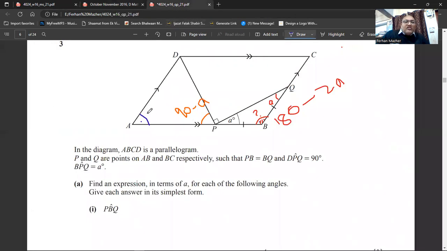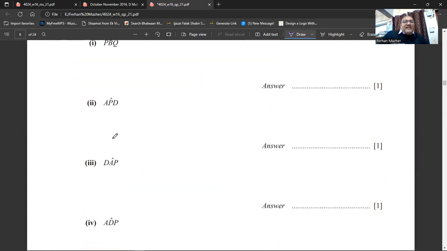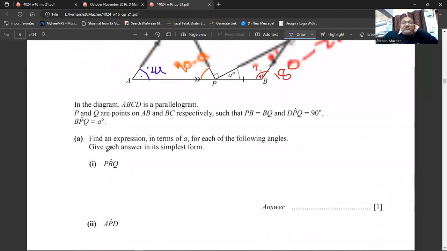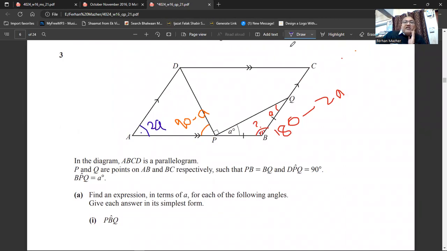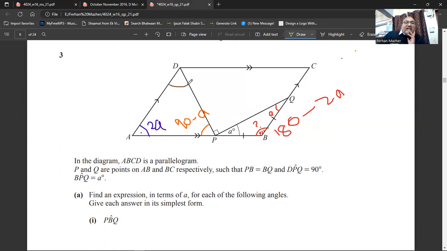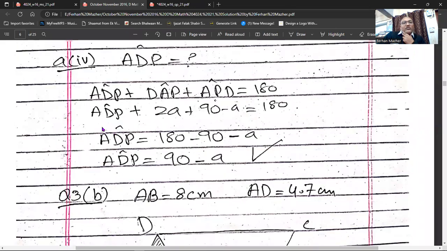So this angle will be 2A. Then the fourth part, they want me to find out ADP. They are asking me to find this third angle. In this triangle I know this angle and this angle, and this is the third angle of that triangle. The sum of the internal angles of a triangle is equal to 180, so I will use that rule.